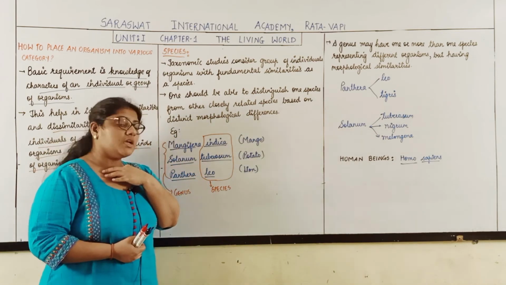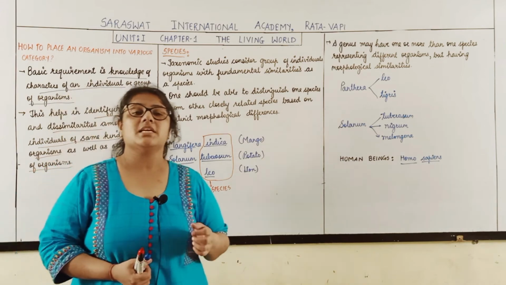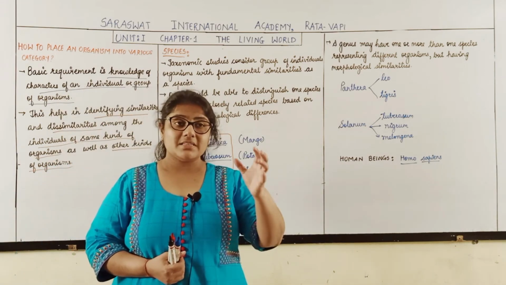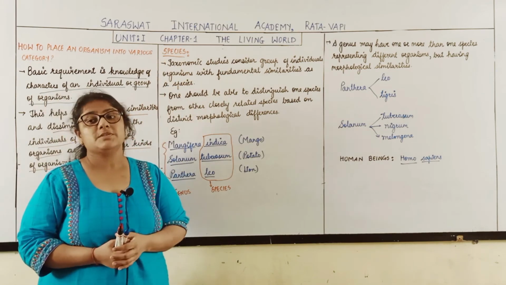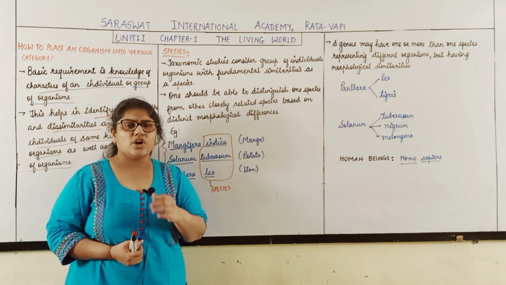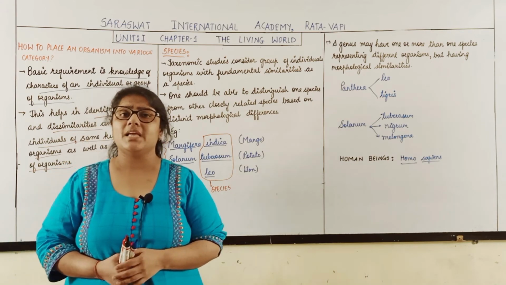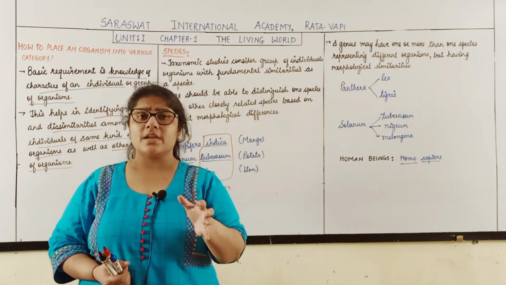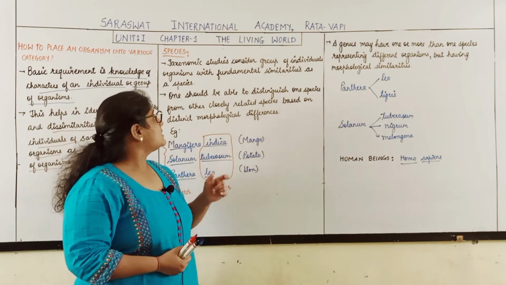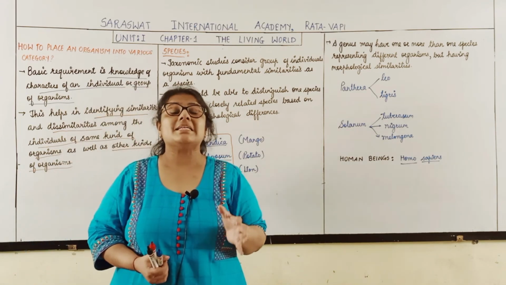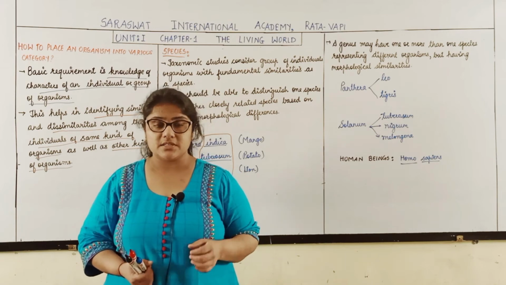Now students, we will study the 7 main taxonomic categories. The first taxonomic category is the species. Which organisms are included in species? The group of organisms which shows fundamental similarities in the maximum number of characters.